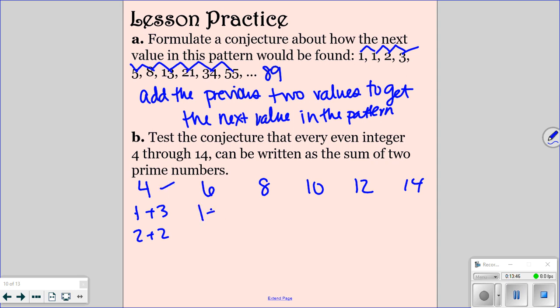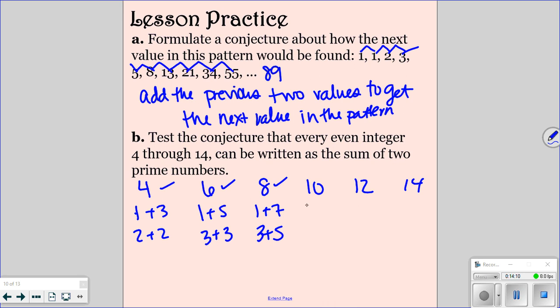6, you could do 1 plus 5 or 3 plus 3. Either one of those would work. For 8, you could do 1 plus 7 or 3 plus 5. Either one of those would work.